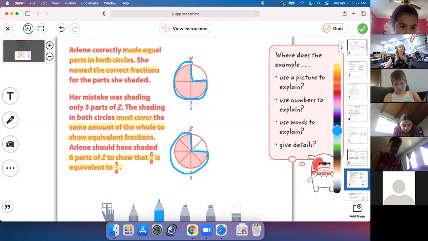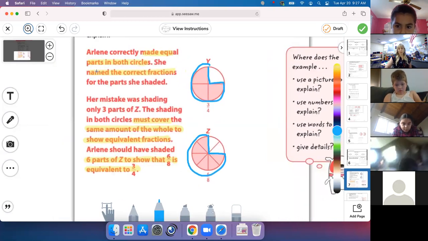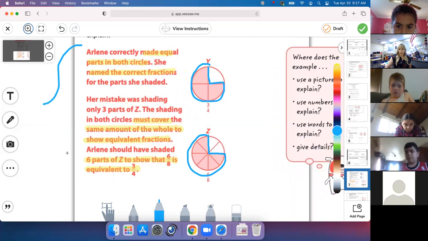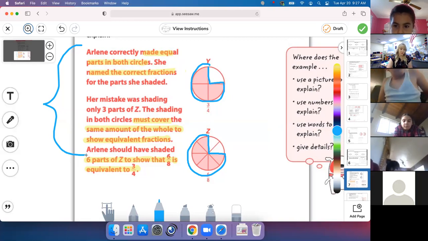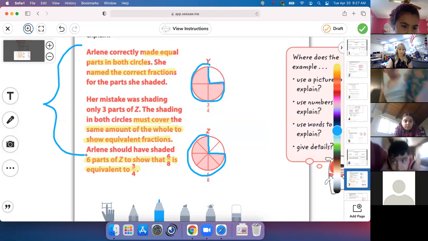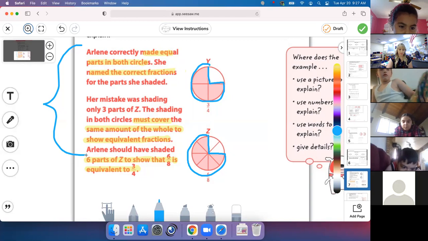So on page 8, that's what we are going to work on. Your job on this page is to highlight what I highlighted here. Go ahead and make sure you have that highlighted. Go ahead and type done when you're ready to move to page 8.